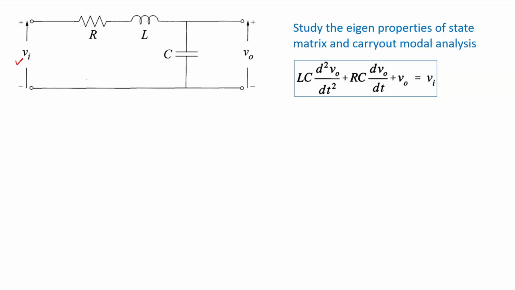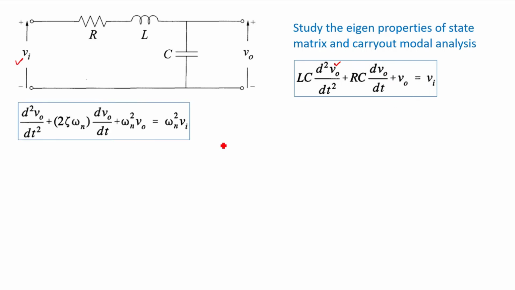So if you write the equation just by applying KVL and KCL, it will look like LC d squared Vo by dt squared plus RC dVo by dt plus Vo equal to Vi, where Vo is your output voltage. Now just dividing by LC on both sides, we find d squared Vo by dt squared plus 2 zeta omega n dVo by dt plus omega n square Vo equal to omega n square Vi.